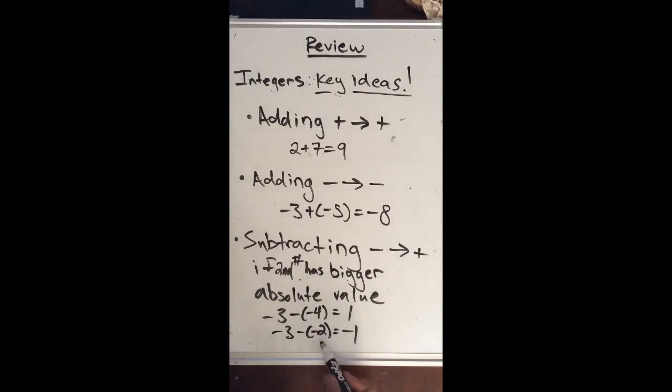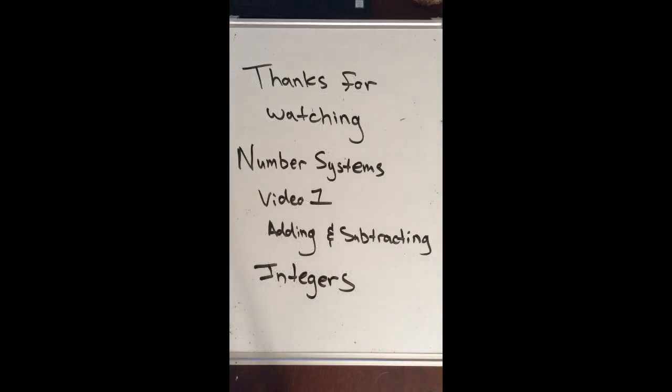And if we have this number here, -3 minus -2, well, -2 doesn't have as large an absolute value as -3. So, again, check my math. -3, and that's going to be plus 2 because a minus and a negative is positive. Well, that's still -1. And that about wraps up everything we want to talk about in this first video.